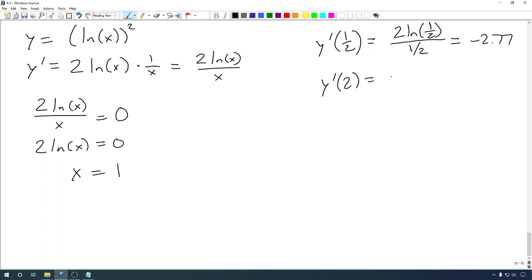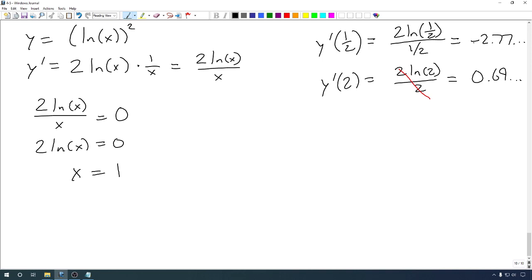For 2, we have 2 times the natural logarithm of 2 divided by 2. Well, the 2's actually can cancel each other out there. So what is the natural logarithm of 2? That's 0.69, and so on. I'm rounding here. I don't really need the full value of these.